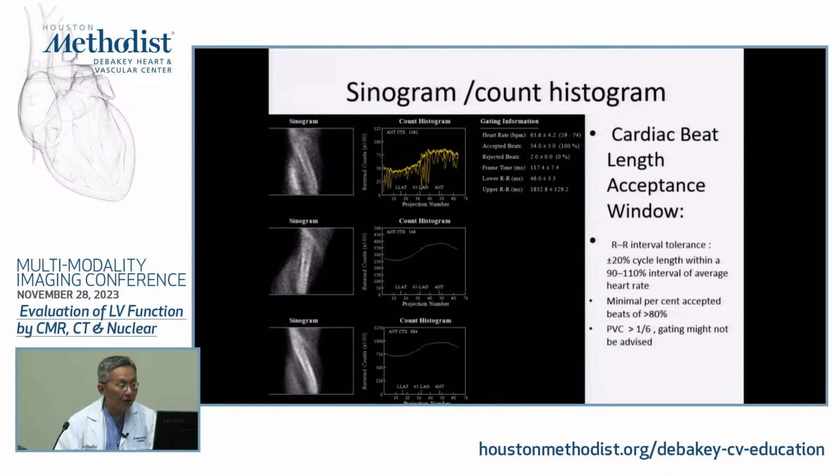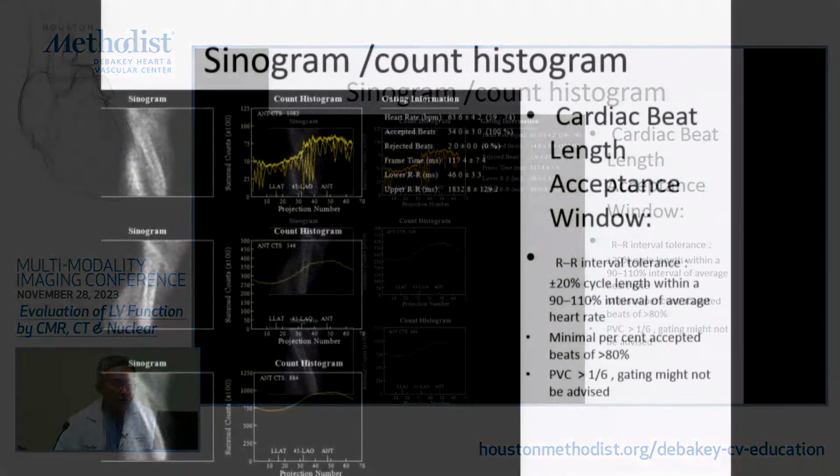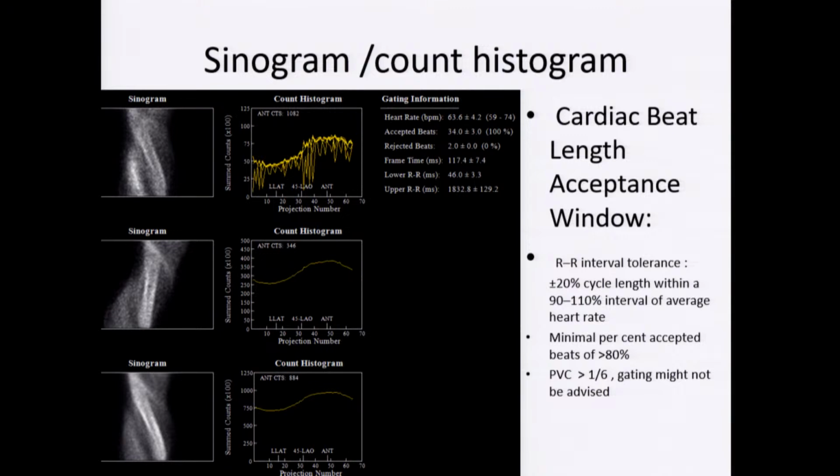Okay, the key here is when you read a nuclear study, before you jump in to look at the images, always look at the raw data and the sinogram, because this sinogram is gonna tell you how well the gated information is, okay? So usually, obviously, our heart rate is not always constant.